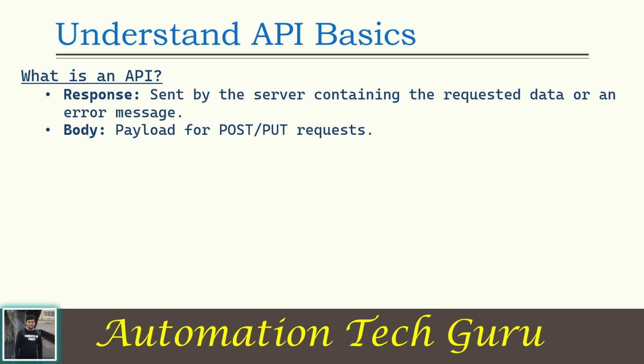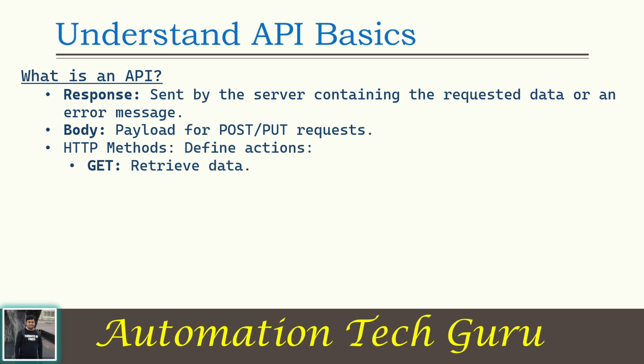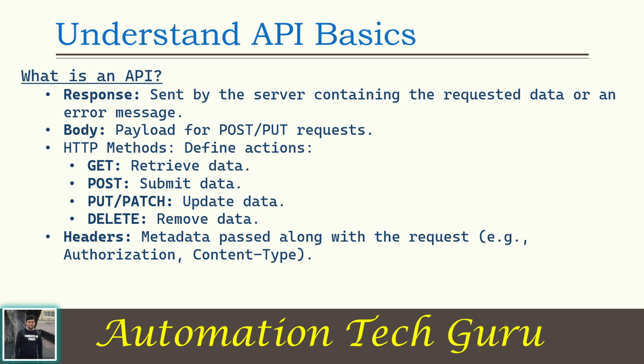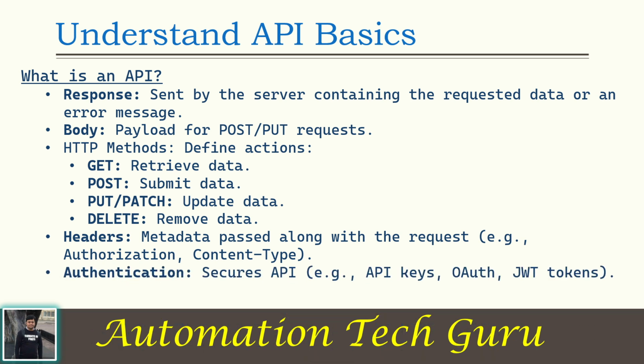It can be JSON or XML. HTTP methods define actions like GET to retrieve the data, POST to submit the data, PUT and PATCH to update the data, DELETE is required to remove the data. And headers, metadata passed along with the request like authorization, content type. These are the headers.